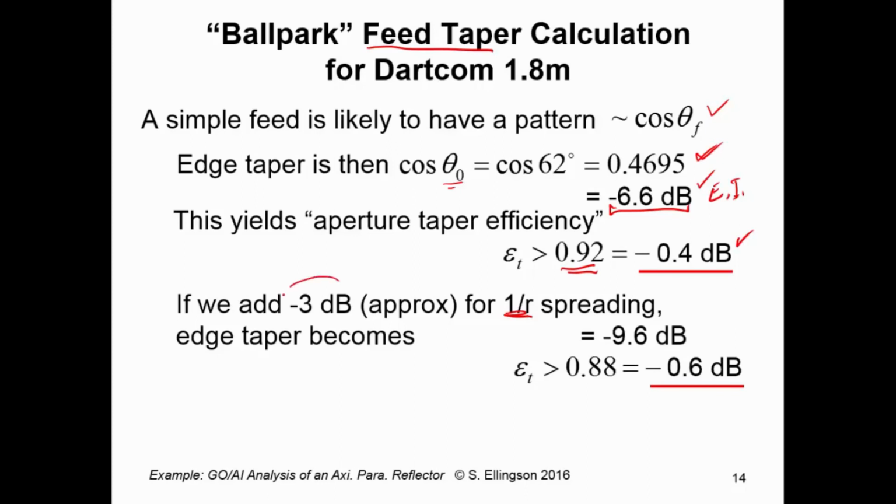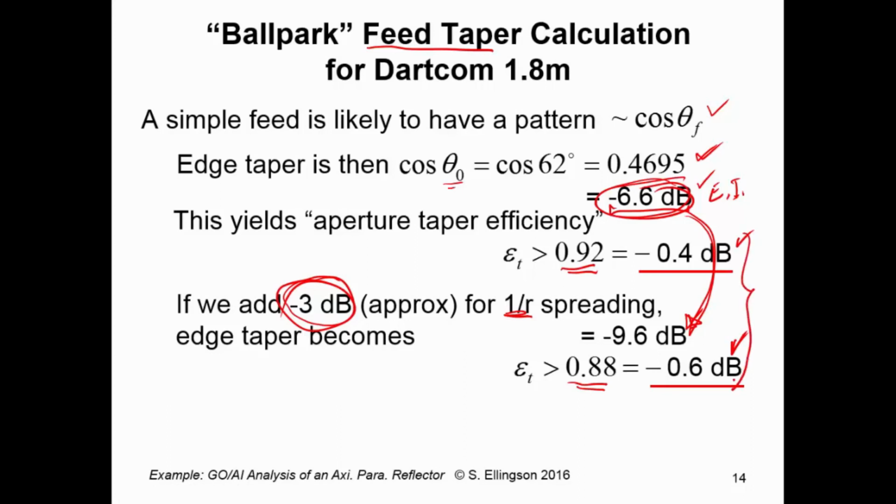And if we roughly say maybe minus 3 dB for this, just to do a calculation, that would reduce this value of 6.6 dB to 9.6 dB, and using the same method as in the previous line, we would get a taper efficiency that has to be greater than 0.88, which is minus 0.6 dB. So even for this very bold assumption, we see that it really doesn't have that much impact on the taper efficiency. So based on this, we would expect a taper efficiency maybe somewhere between these two extremes.